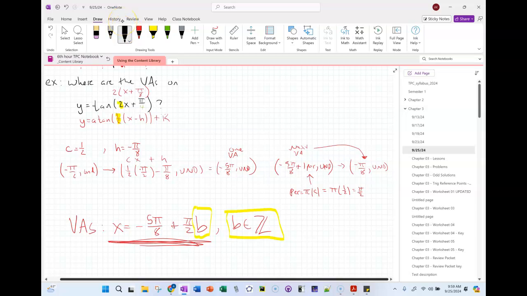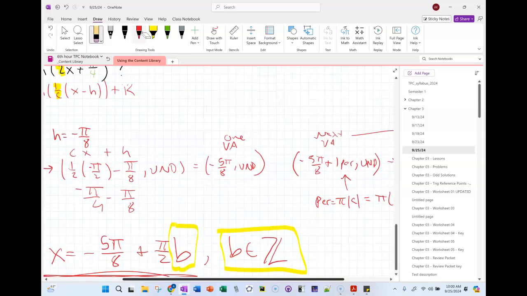Yes, sir. Where did you get the 5 from? So I had negative pi over 4 minus pi over 8. Ooh, should that be a 3? That should be a 3, huh? Thanks. Well, I made a common denominator, apparently not correctly.